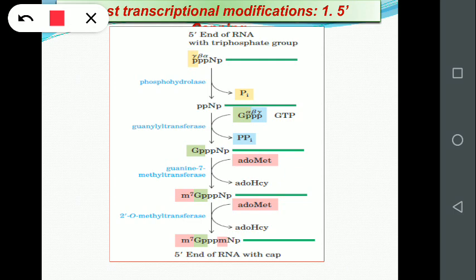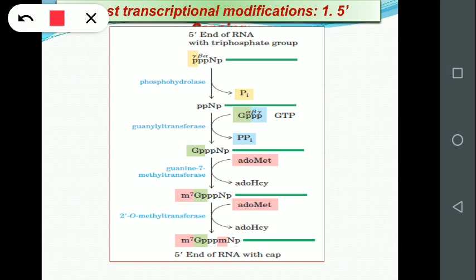In fact, in RNA or DNA formation, a phosphodiester bond always forms between the 3' hydroxyl and the 5' phosphate group. But here it is not between the 3' hydroxyl and the 5' phosphate.